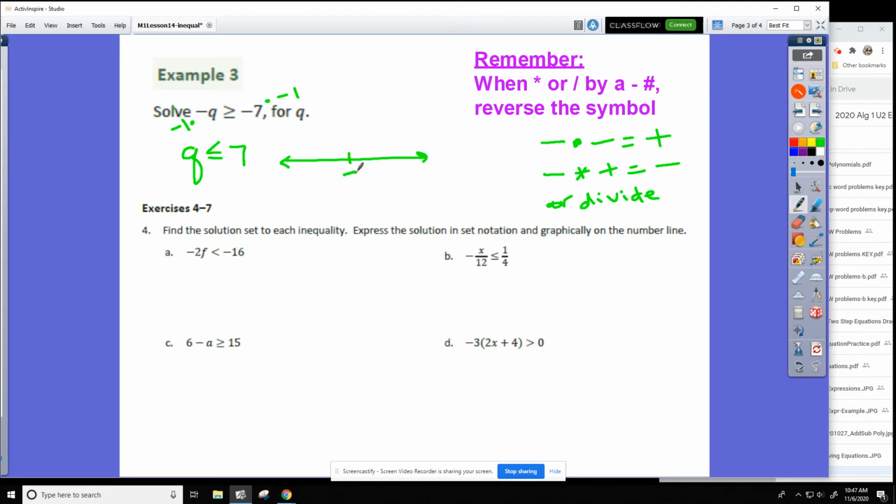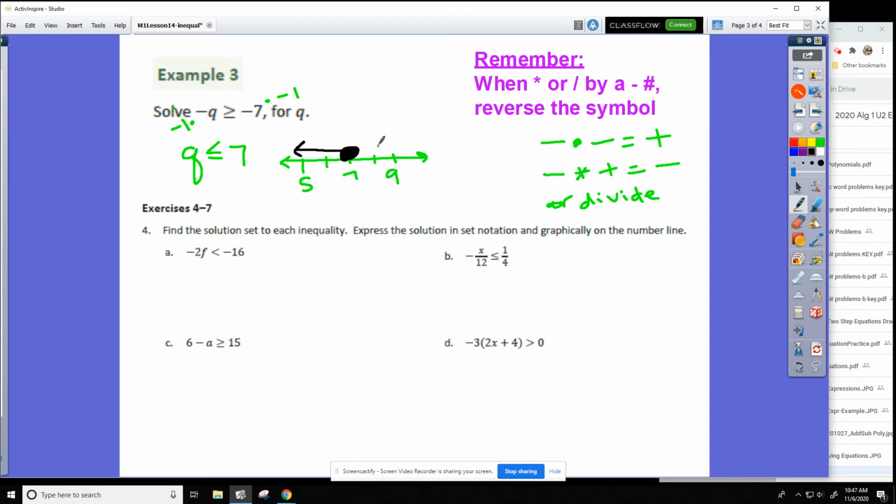So when you're checking it on the number line, you have to check it against your original problem, not your changes. So on the number line, I'm going to have a closed dot either way because it includes 7, because it's equal to. Now our final answer is this way, less than. So let's check it. -5 is greater than -7. Yes, that is true.